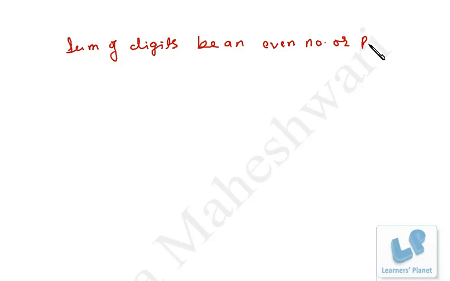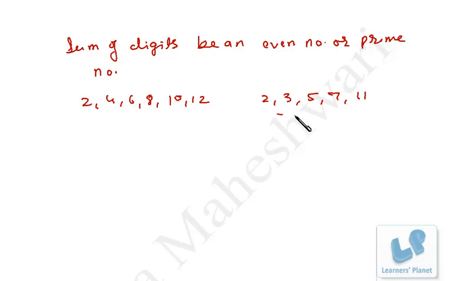Now the next question is that the sum of digits should be either an even number or a prime number. Sum of digits or numbers should be an even number or a prime number. Right? Now we have even numbers as 2, 4, 6, 8, 10 and 12, and we have prime numbers as 2, 3, 5, 7 and 11. Right?